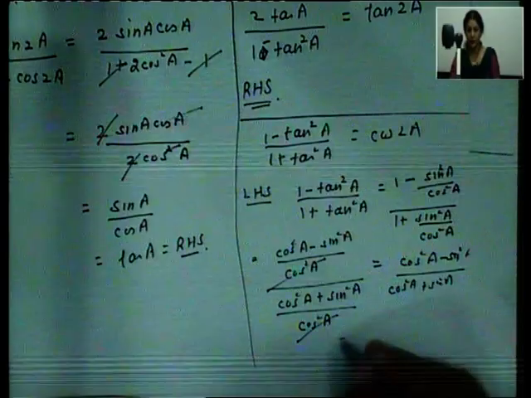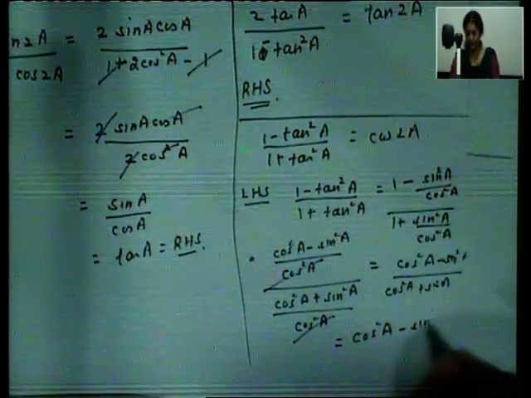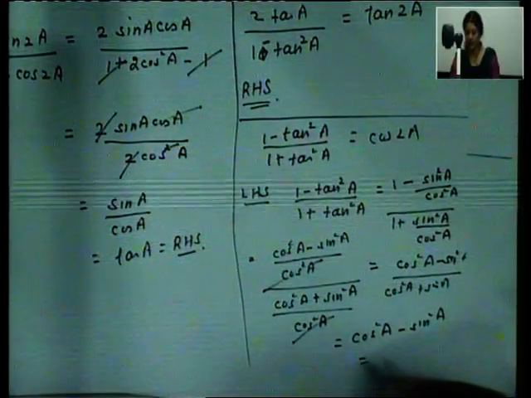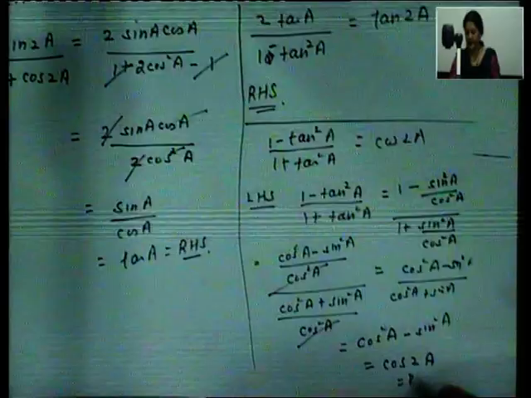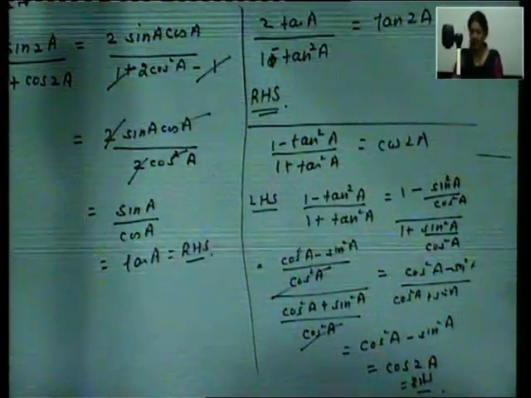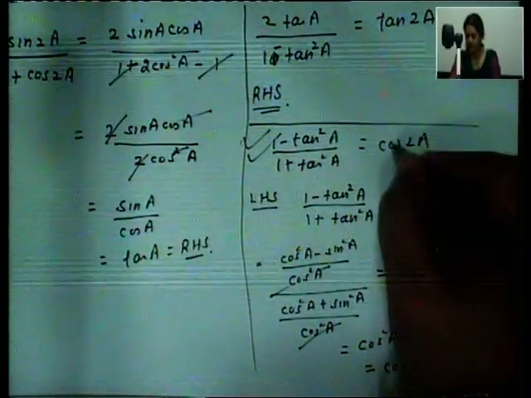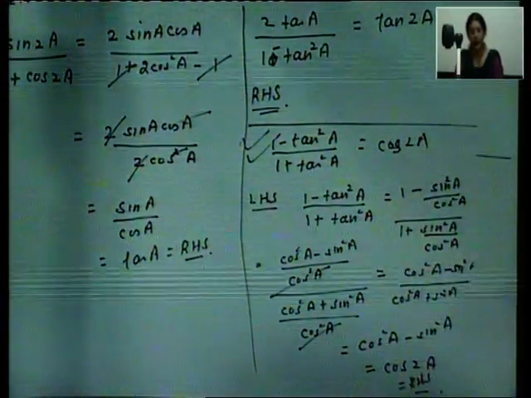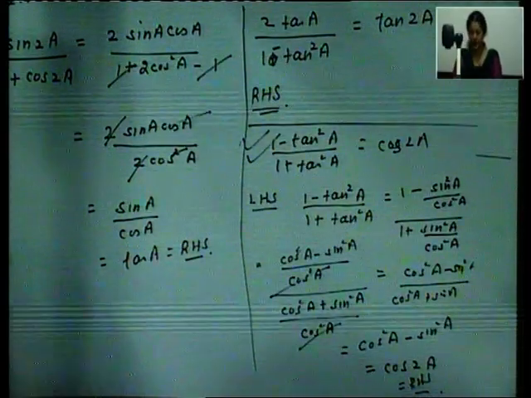So this is equal to cos square a minus sin square a, which I know is equal to cos 2a, which is equal to the right hand side. So thus we have proved that 1 minus tan square a upon 1 plus tan square a is cos 2a. Okay. So let's try to solve some more problems.